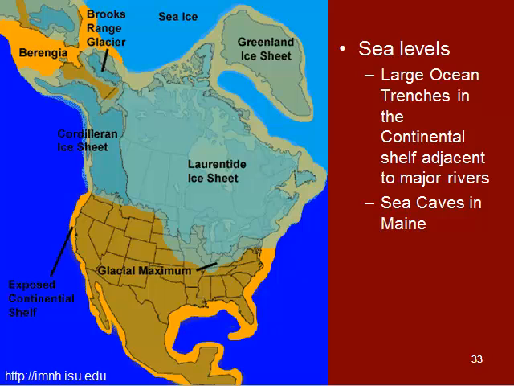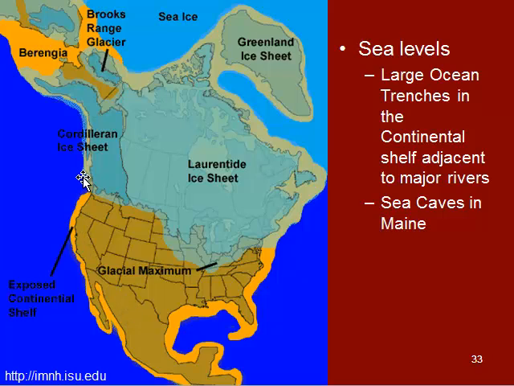And one of the main things that happens when we have this change in ice volume is a major change in sea level. When our ice sheets were much larger 20,000 years ago, our sea level was lower. And we know that for many reasons.